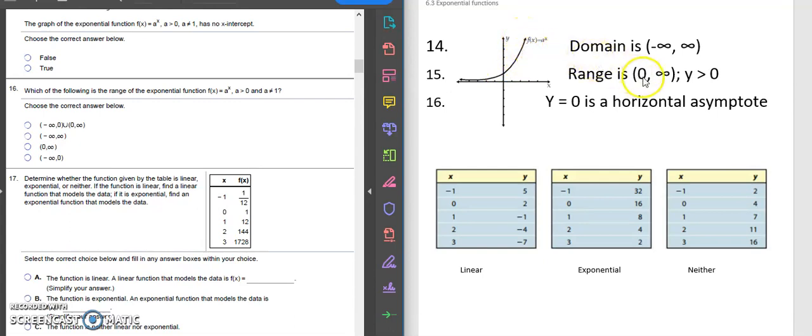So the range is going to be from 0 with a parenthesis, 0 not being included, to positive infinity. If you wrote it as an inequality, it would be y is greater than 0. So we would click from 0 to positive infinity, and it would be this answer choice for number 16.